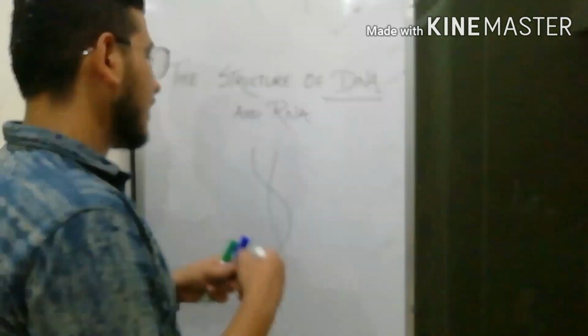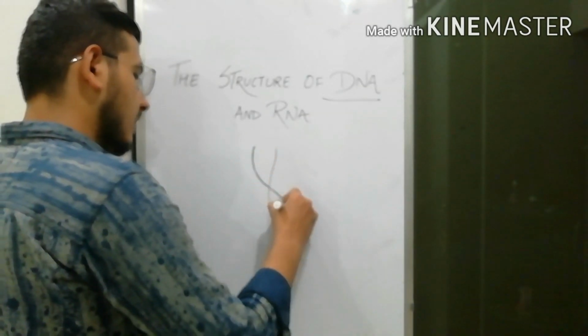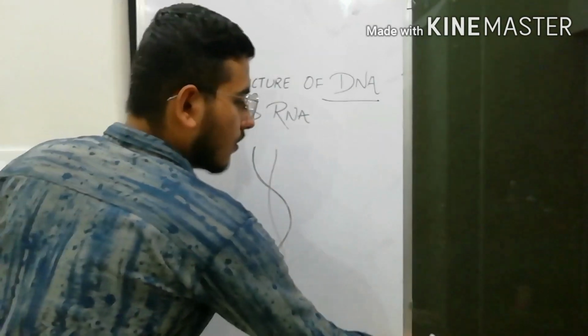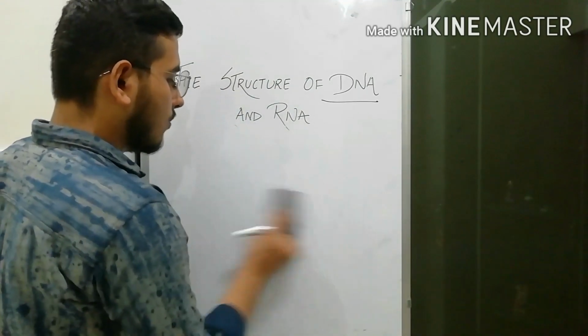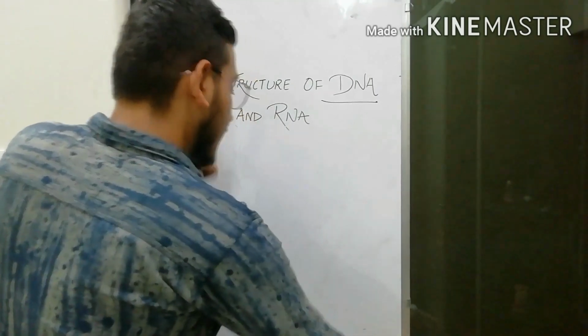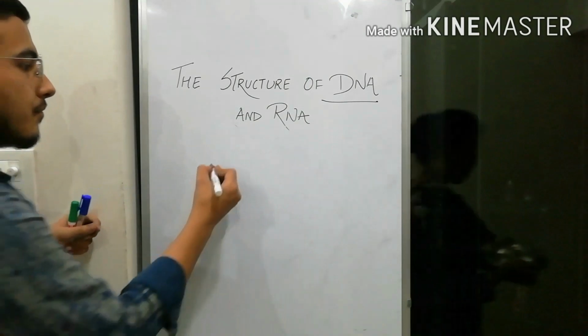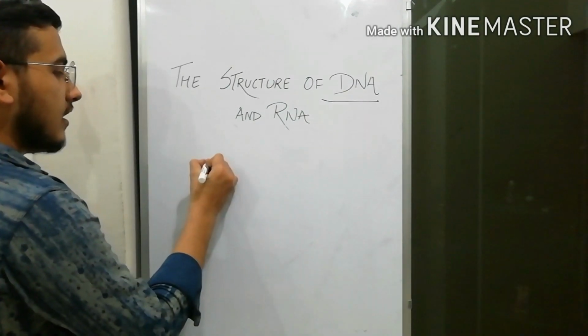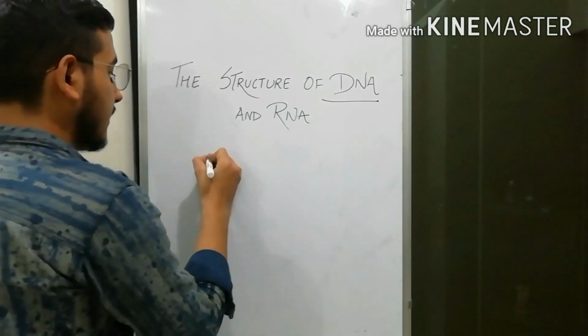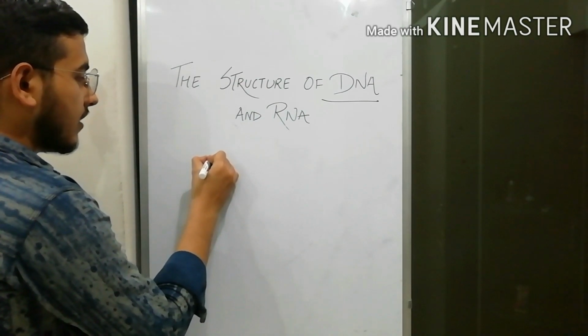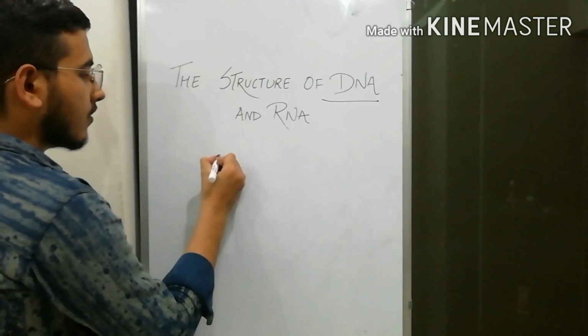What does double helix mean? That two chains run anti-parallel to each other. How they run, we'll see at the molecular level first, where there is one polynucleotide chain.